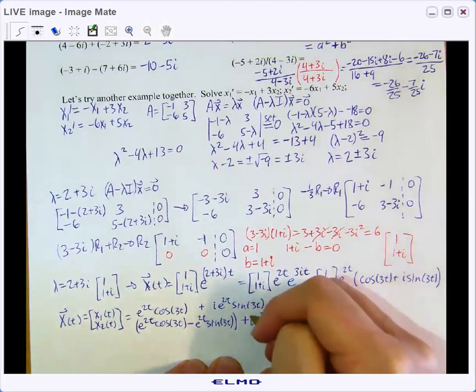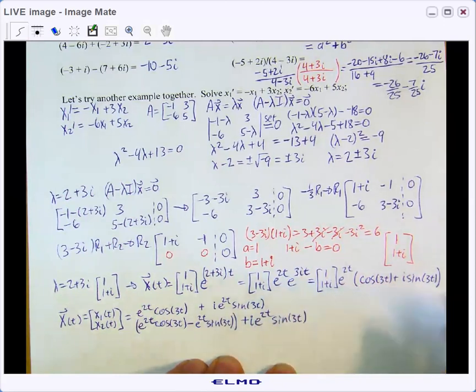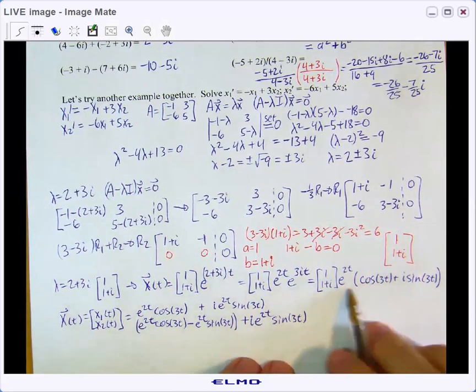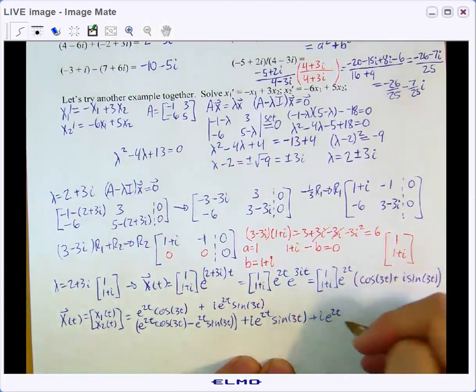Let me factor the i out of that. And then we'll also get i times e to the 2t times cosine of 3t.